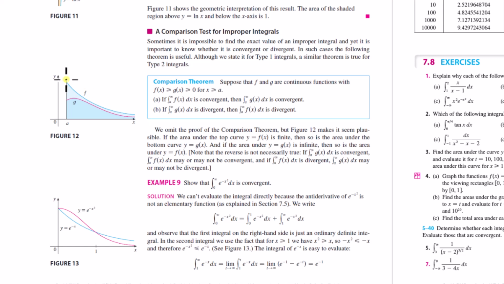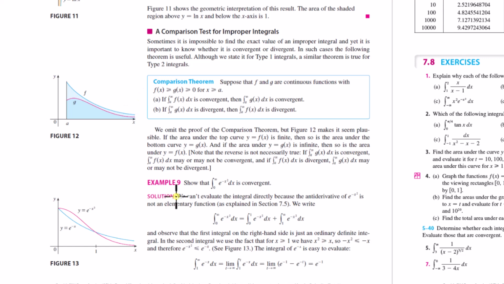If you found that the integral from a to infinity of f was divergent, then it wouldn't tell you anything about g. Maybe g is convergent, or maybe it's divergent. You don't know. This comparison theorem has a parallel with series, the comparison test for series, and it's the exact same idea.